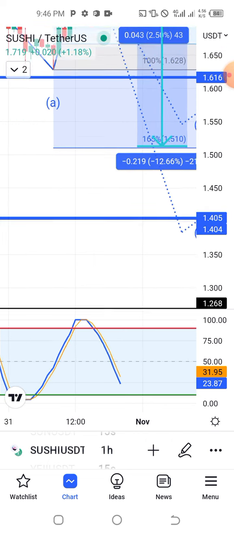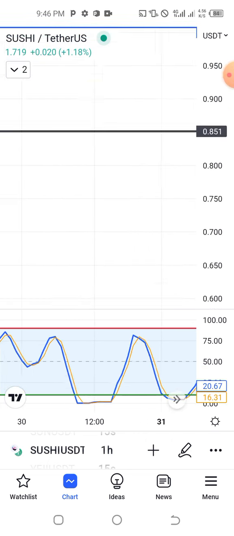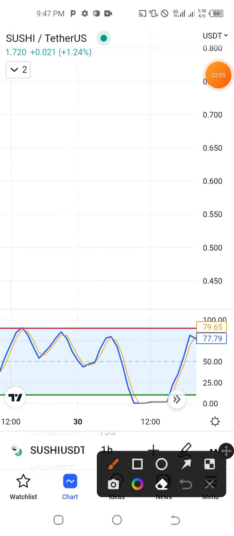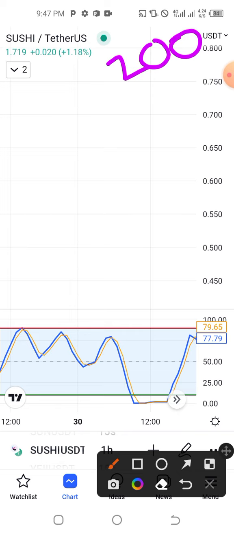Now, for example, let us assume that you're having 200 as your capital. I can decide to use $50 as first buy.